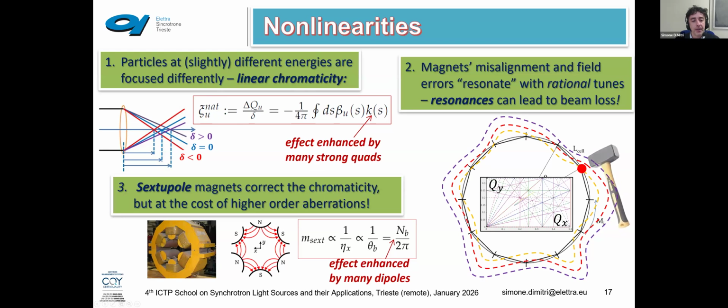So the next step is to arrange magnets in order to get this chromaticity corrected, ideally to 0 or to any arbitrary number that we like, in order to minimize the betatron tune shift, so in order to avoid sampling these resonance lines. How to do that? Well, as you see from the top expression, if you add more and stronger quadrupoles, you are just amplifying the chromaticity.